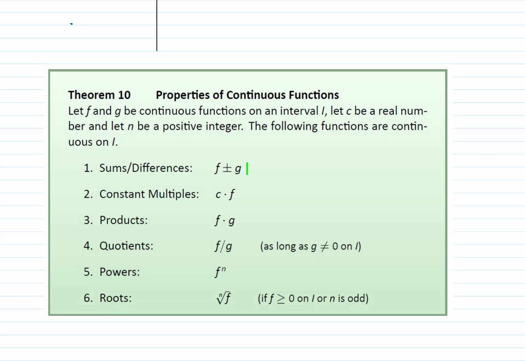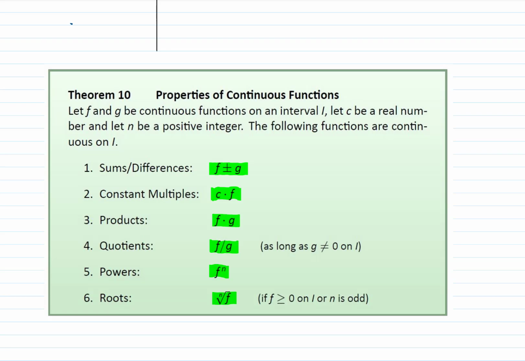It says that if you add or subtract two continuous functions, you'll get a continuous function. If you multiply a continuous function times a constant, it'll still be continuous. The product of two continuous functions is still continuous. And so is the quotient, as long as the denominator is not 0. And then a power or root of a continuous function is continuous. Okay, so those are good to remember.